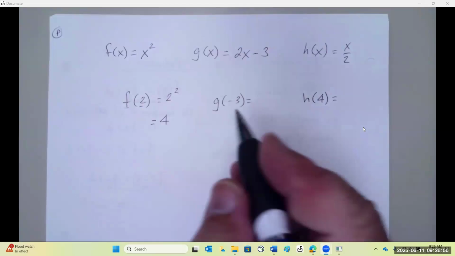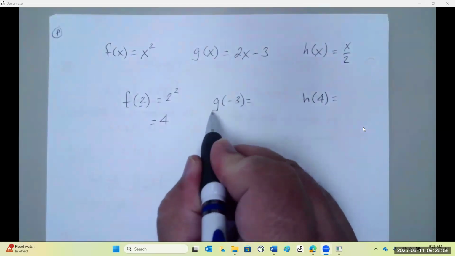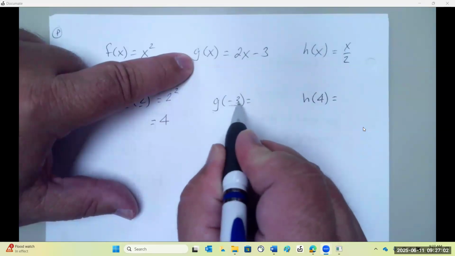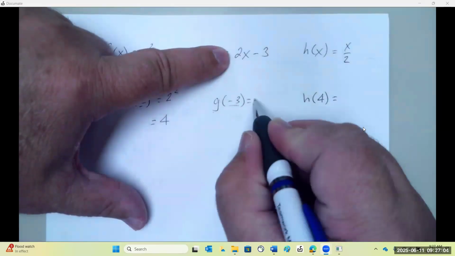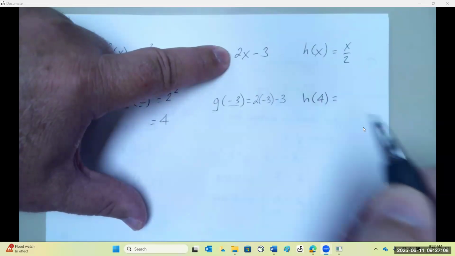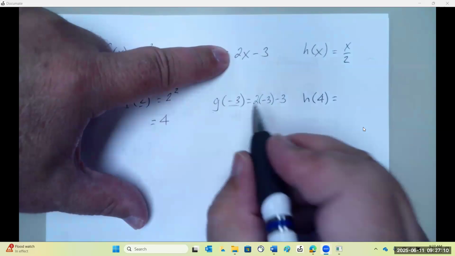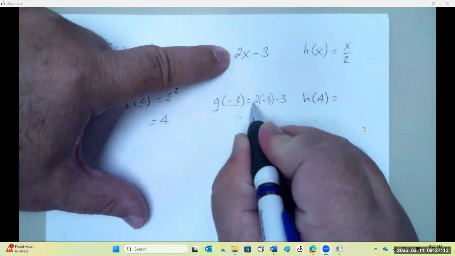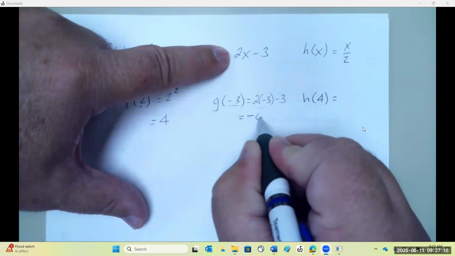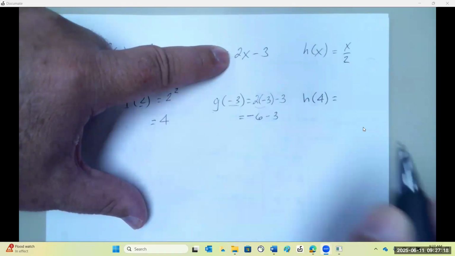The next one says go to function g. Here's g. In place of x, I put a -3. So in here, I have 2 times -3 minus 3. Positive times negative is a negative. 2 times 3 is 6 minus 3.